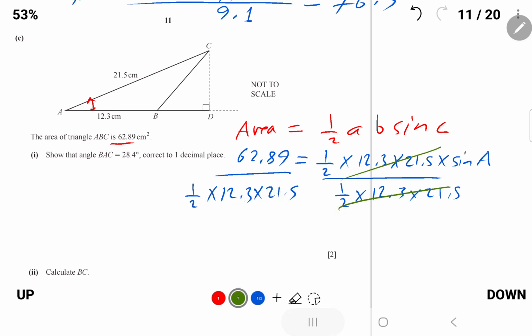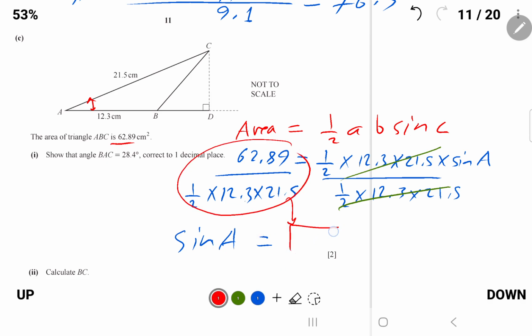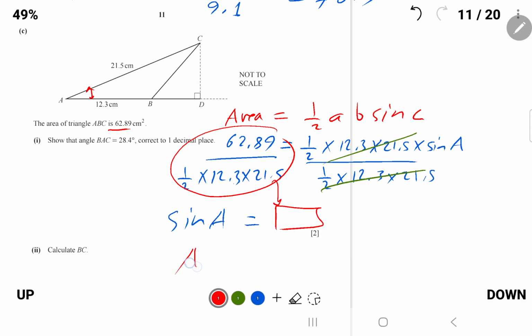Cancel these, you get sine A is equal to, you calculate this on the calculator and then you put it here, then you do A equal sine inverse this amount, and then you get from the calculator the angle 28.4.